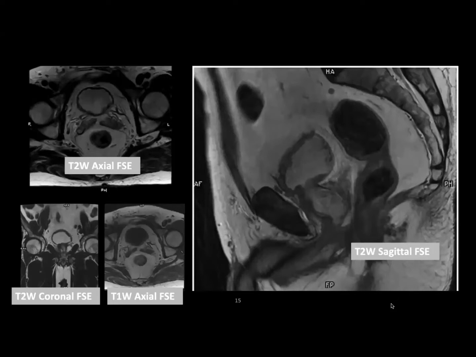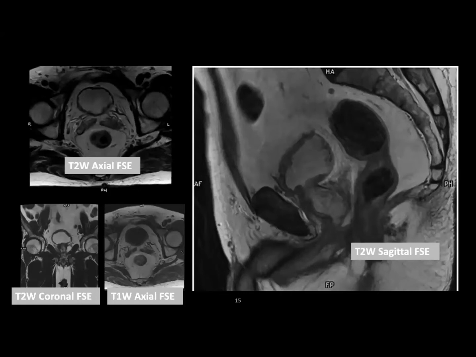On the lower left corner, this is T2 coronal sequence. So these are all orthogonal planes and fast spin echo sequences. And then the smaller image is a T1 weighted axial sequence, and you see very low signal within the urinary bladder. So this is indicative of a T1 weighted sequence. This is mostly acquired to assess any hemorrhage within the prostatic parenchyma.